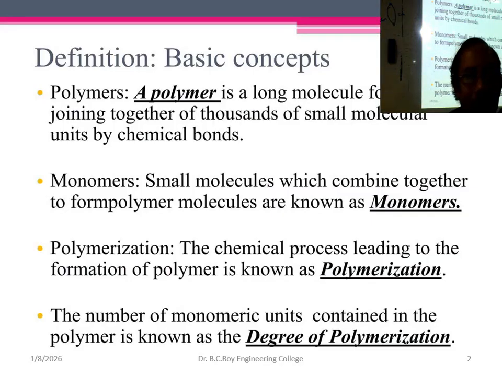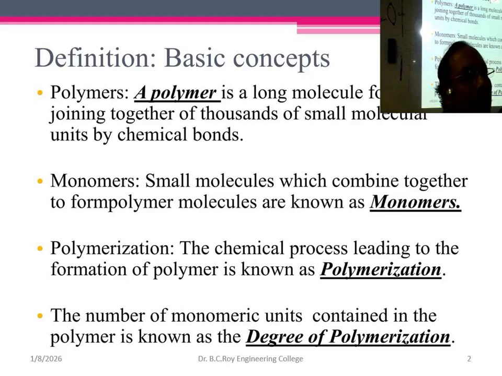What is a polymer? A polymer is a long chain molecule. It is formed by the repetition of a small molecule, and a chain-like formation is there. It's called a polymer, and the individual small unit is called a monomer. By repetition of the monomer we get the polymeric chain. Now these monomers can be the same type, or multiple different types of monomer are possible.